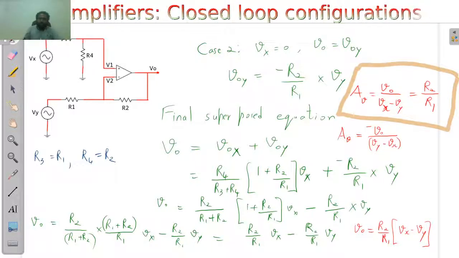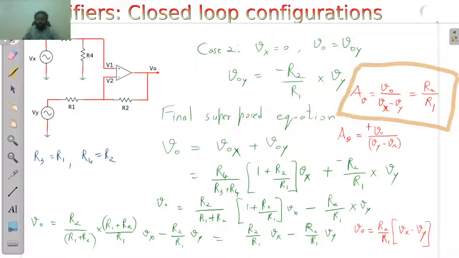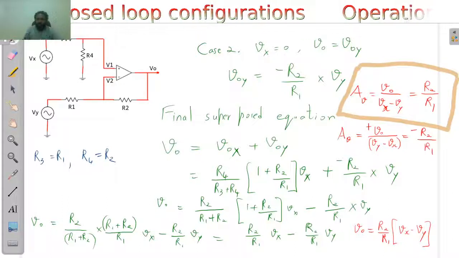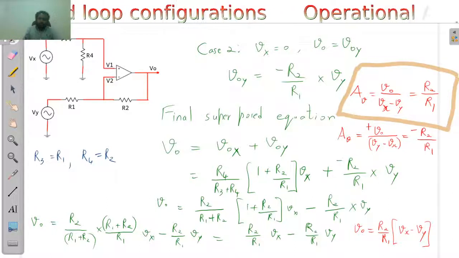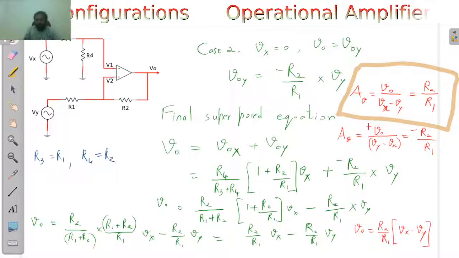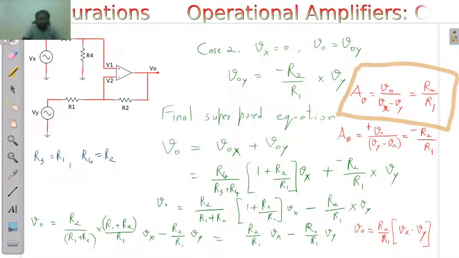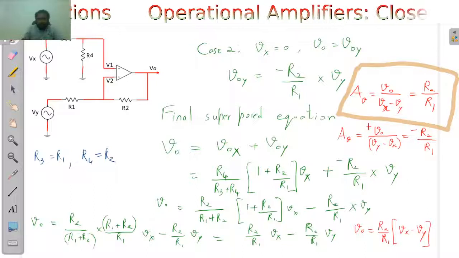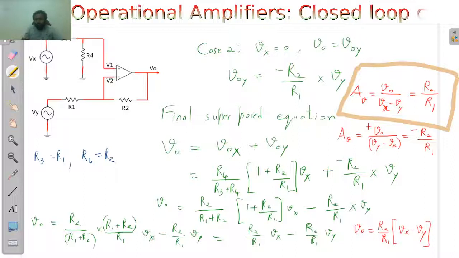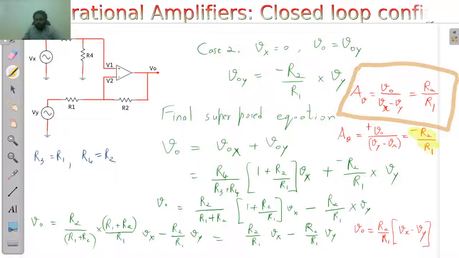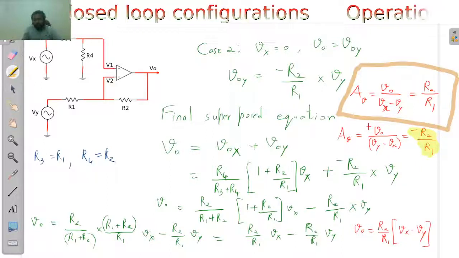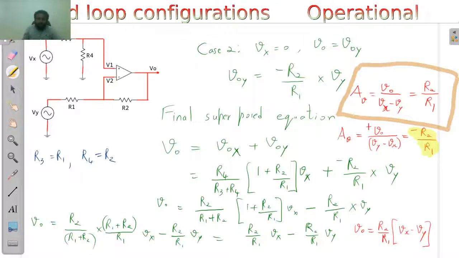So if I take that negative sign to the other side, then it will be like minus R2 by R1. So the ratio of the output to the input like this represents some kind of an inverting amplifier configuration. So the gain here is somewhat like the inverting amplifier. So it looks like an inverting amplifier's gain. Maybe you can call it an inverting amplifier with a differential configuration.